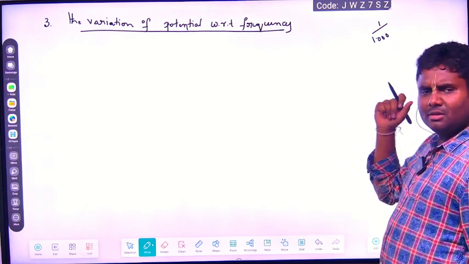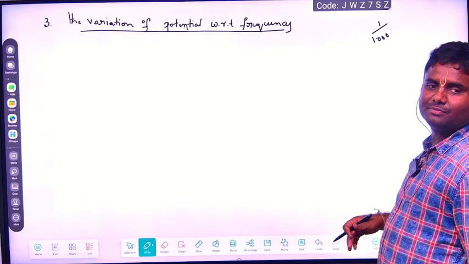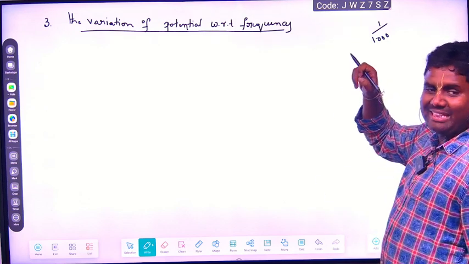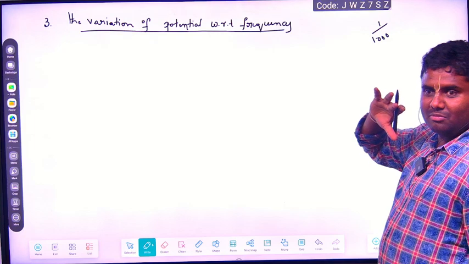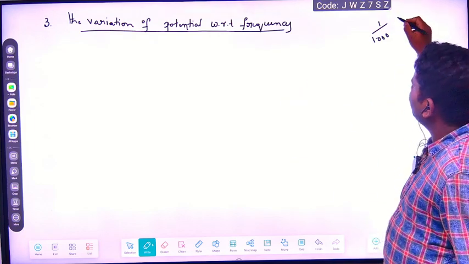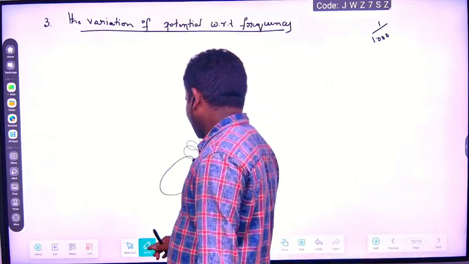Suddenly that current will flow. That's why I mentioned that within a fraction of 10 to the power of 8 second, the electrons will come. That is 10 to the power of 8 or 10 to the power of 9, in that range.